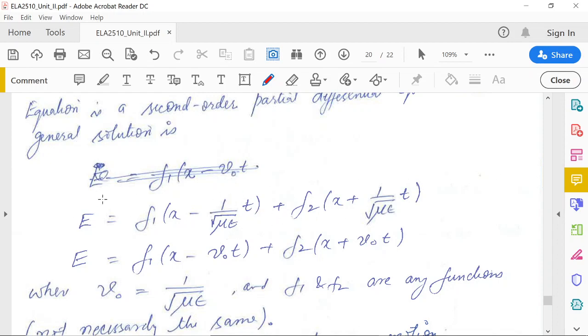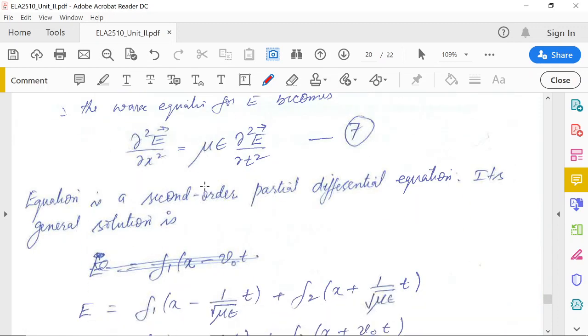If you take the double derivative with respect to x, you get f1 double dash plus f2 double dash. If you take del square E by del t square, again you have 1 over mu epsilon, and you can take it common and you get the equation. So this E will also satisfy this equation.